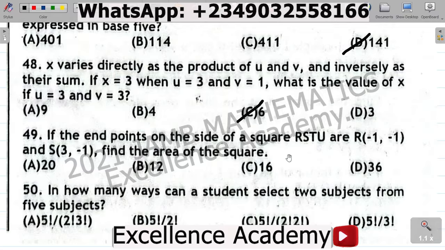Now, they did not give you the exact value of the length of the side. Instead, they gave you the coordinate for R and the coordinate for S. So we'll use these coordinates to find the length between the 2 points. All right. There's a formula to get the length between 2 points.